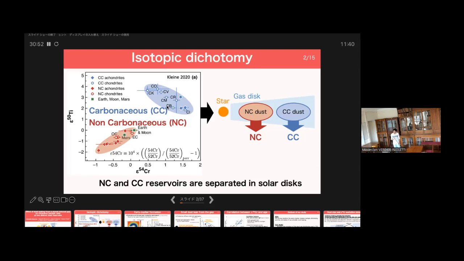So would that make a difference? Because in your model there is no size dependence of the isotopic composition. So at the beginning, if you include chromium 54 rich CAIs, could it change things? I don't know.